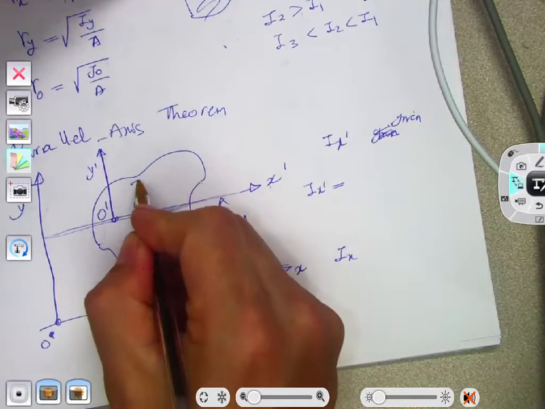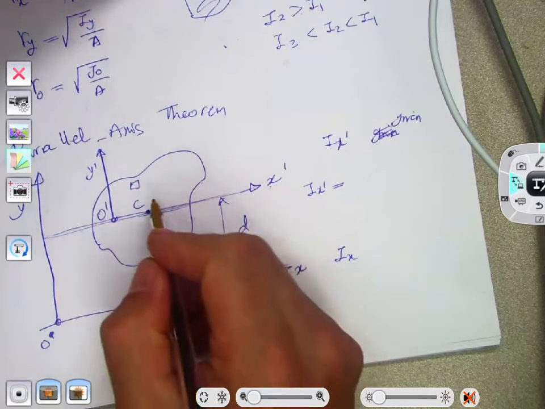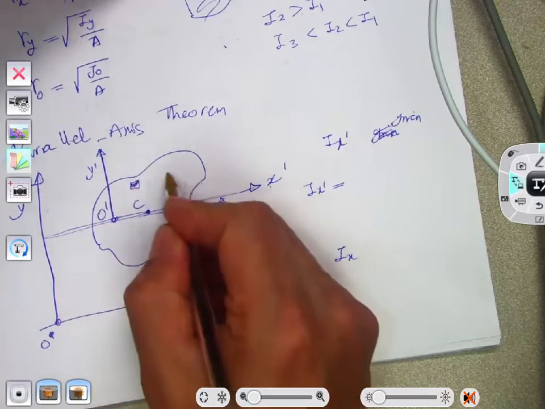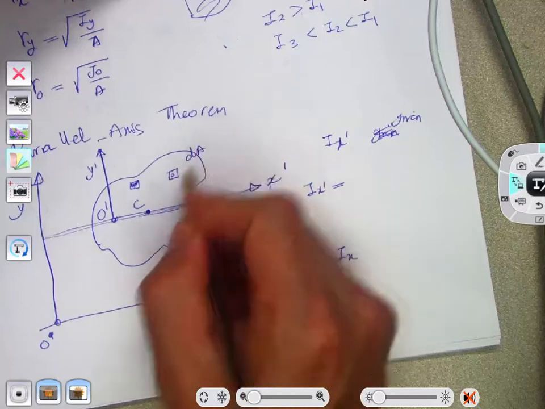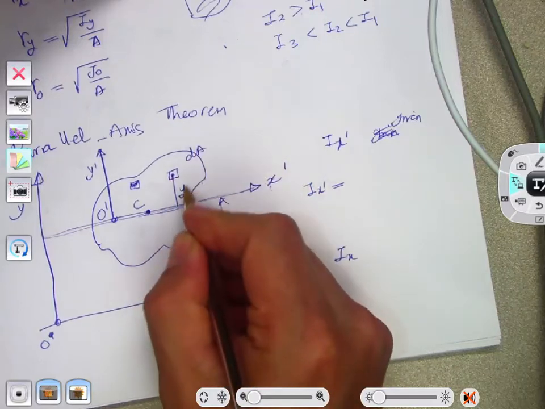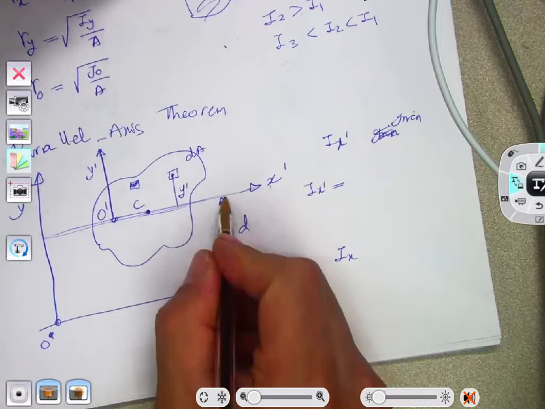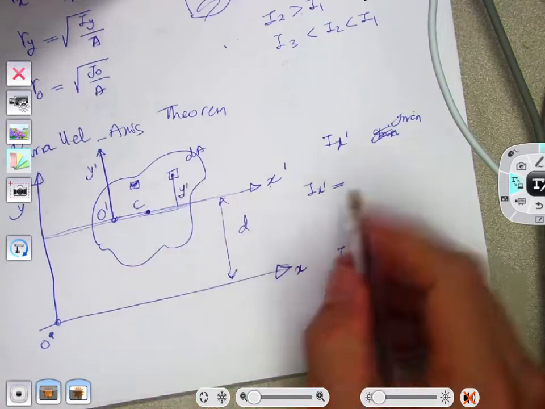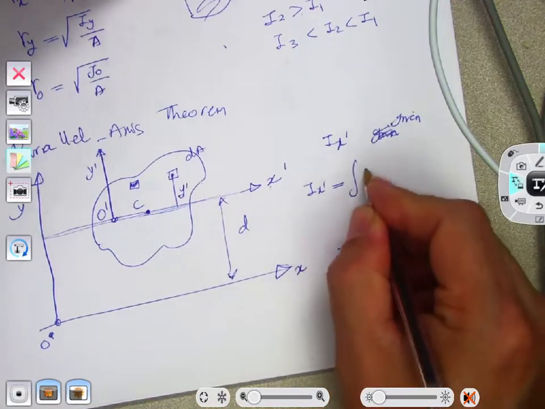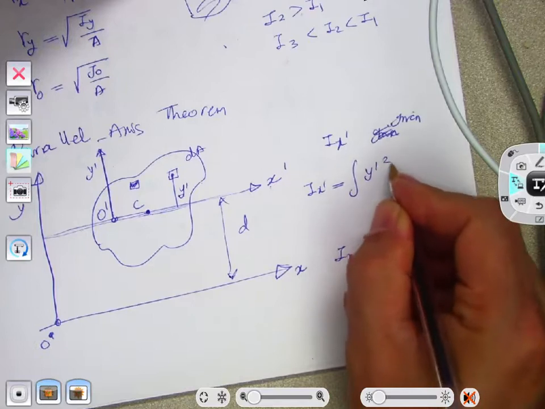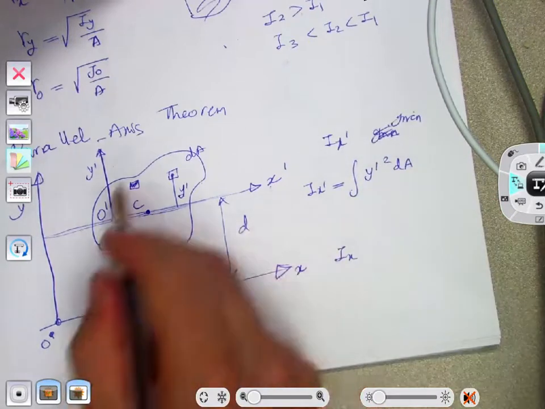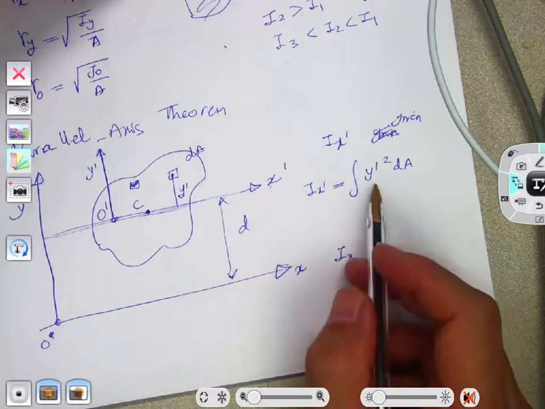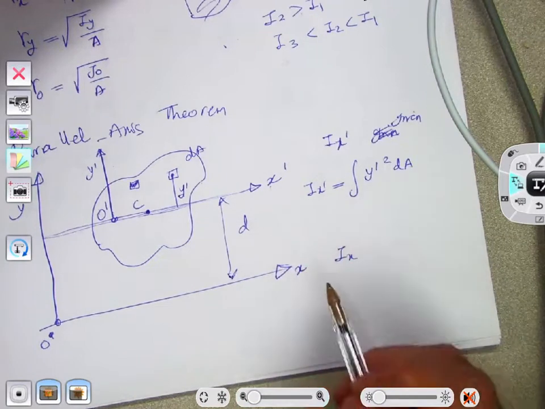If you have a differential element here, dA, and I know that its distance from the x prime axis is y prime, technically Ix prime is the integral of y prime squared dA. If you evaluate this integral for this entire region, that's going to give you Ix prime.